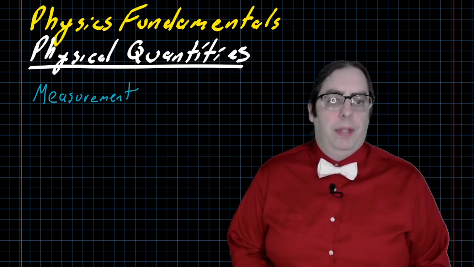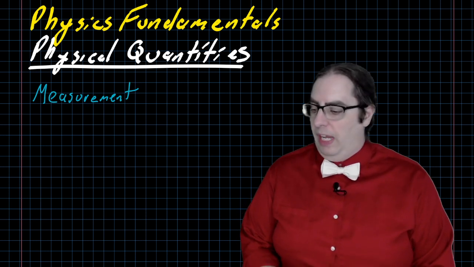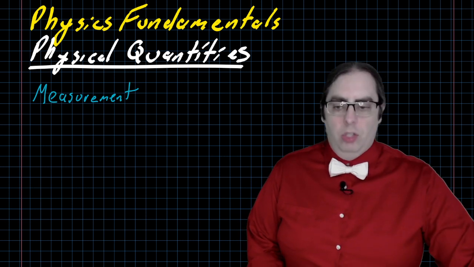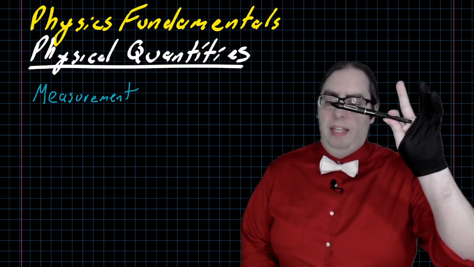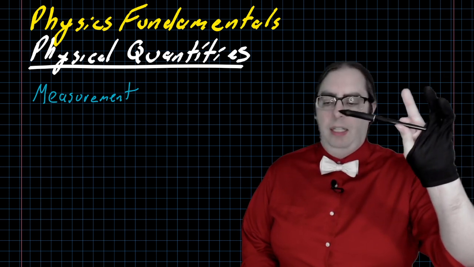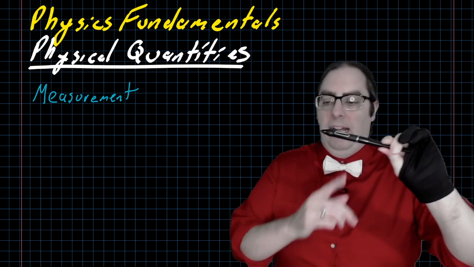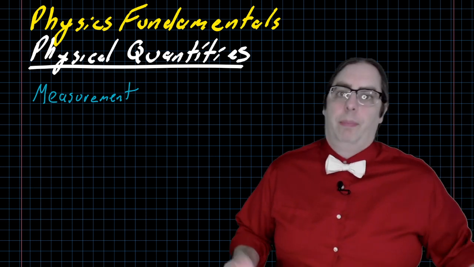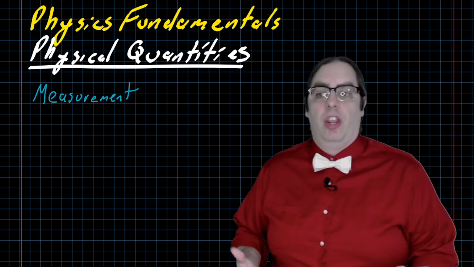To measure something means to observe it and write down some characteristic of it. So, for example, I might take the pen that I'm writing with, observe it, and say that this pen is black, and it has some silver highlights. That is a measurement of the pen. It measured the color of the pen.